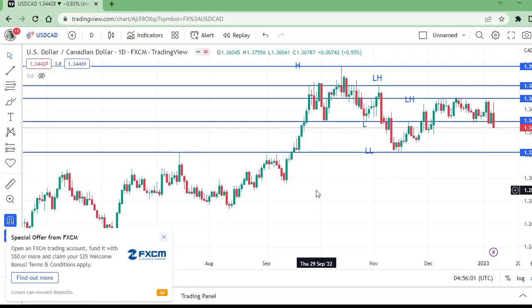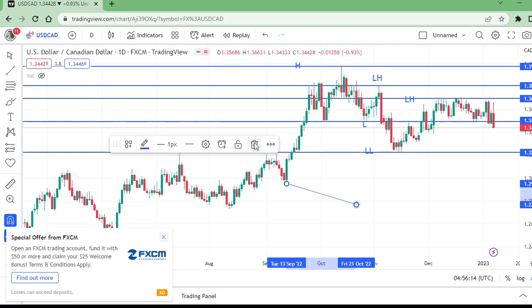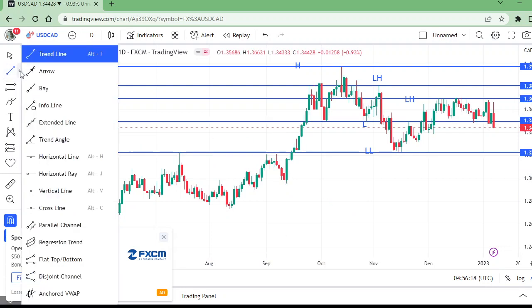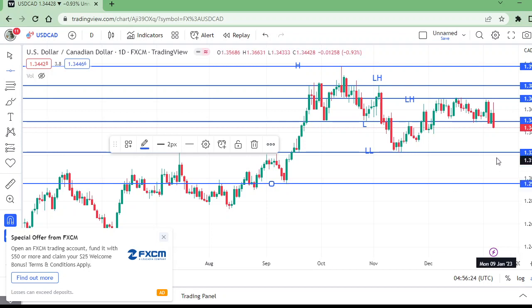Where is it expected? It is expected to this level. This is the support here. What I have done now is put here the horizontal line. Now this is the level, and it is high probability that it will come down to this level.